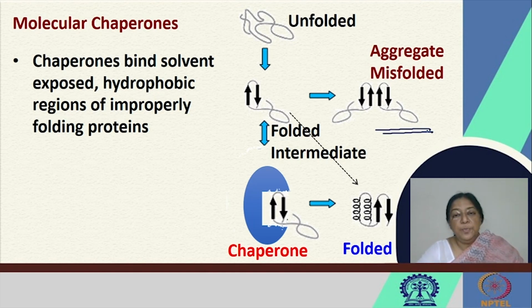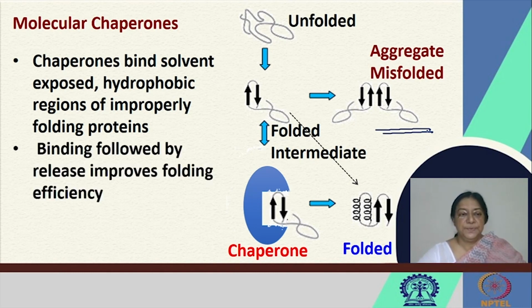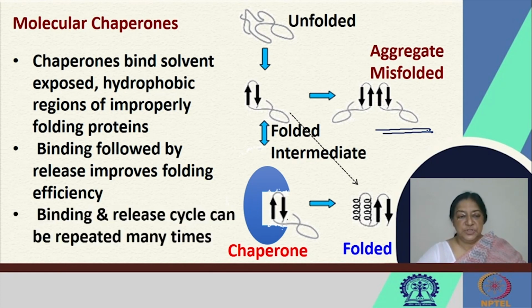So the hydrophobic portions that are exposed are bound to the chaperone, preventing any misfolded structure from occurring and a folded structure obtained. The binding is followed by a release that increases the folding efficiency.